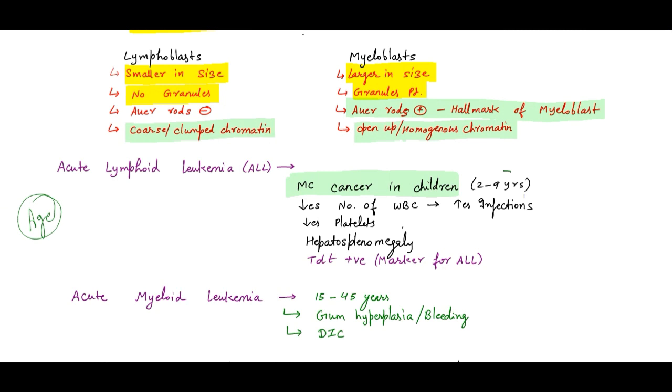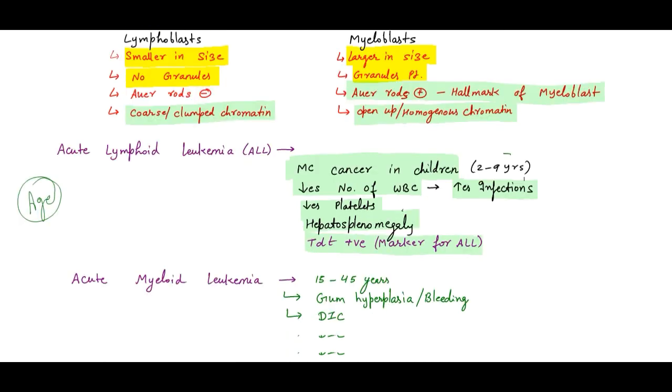There is a decreased number of WBC, meaning increased infection, because lymphocytes will be decreased. There is also decreased platelets and hepatosplenomegaly. Remember, TdT positive stain is the marker for acute lymphoid leukemia. We already studied that they don't have any Auer rods, and they have coarse and clumped chromatin.